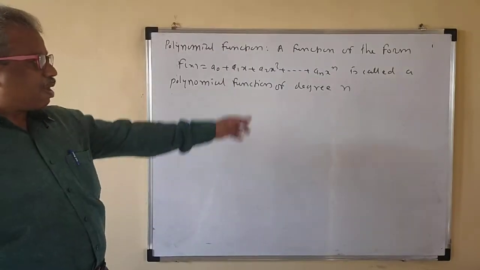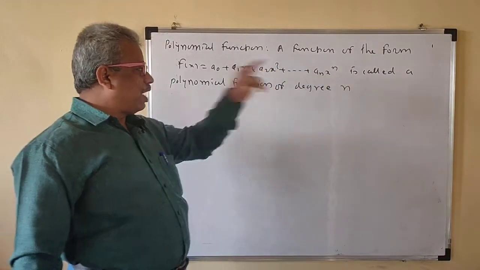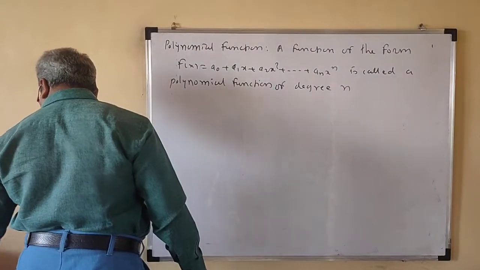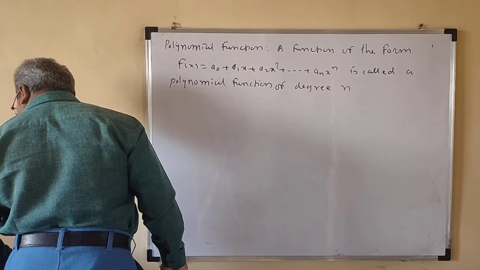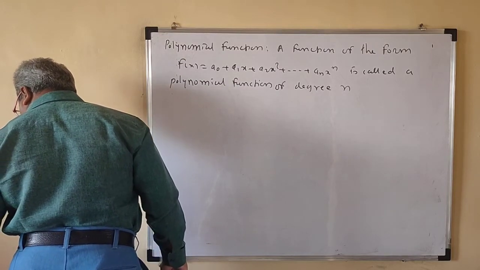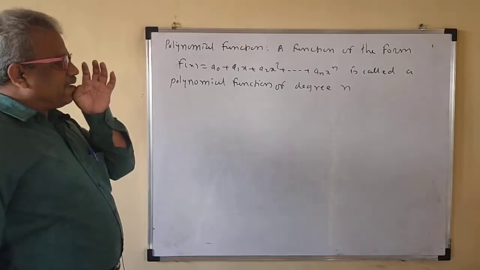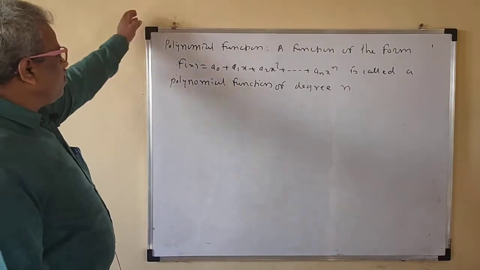Whatever the maximum power of x is, that is n, and that is the degree of the polynomial. Okay. So it's very complicated to draw the graph of a polynomial function. It depends on this. So we'll not plot the graph of a polynomial function.